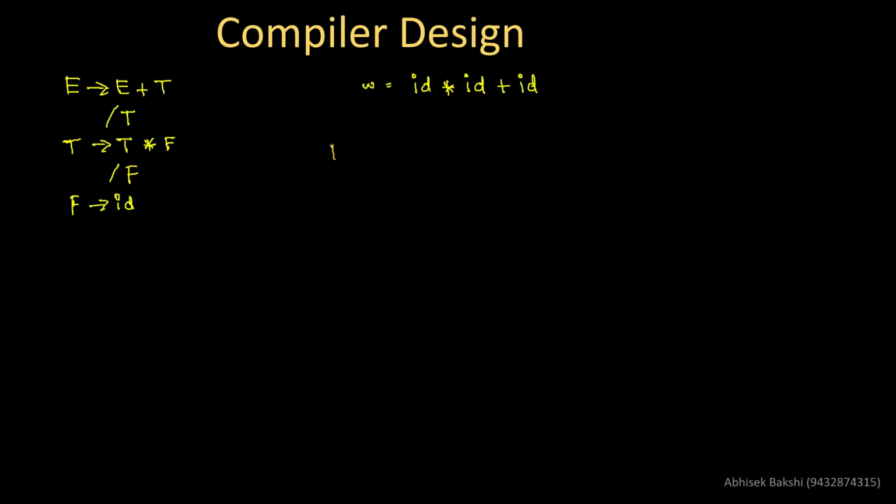Obviously I will start from E. I have to have this star in the left hand side, so definitely E can be written as E plus T, there is no other way.